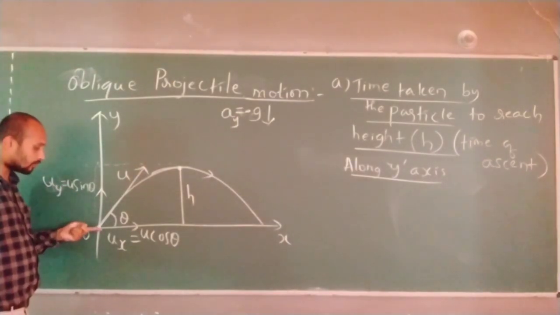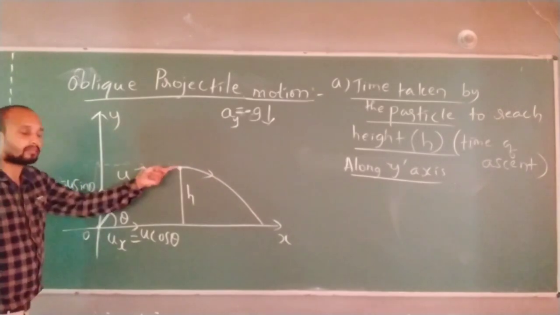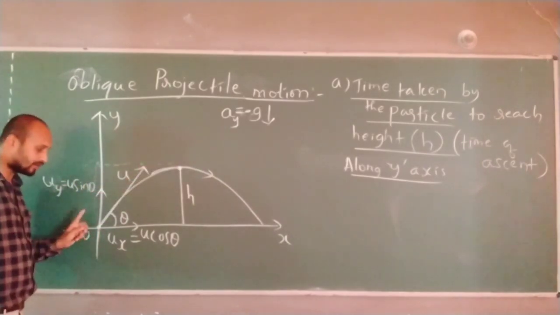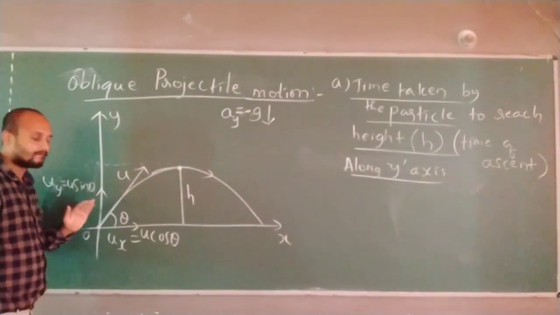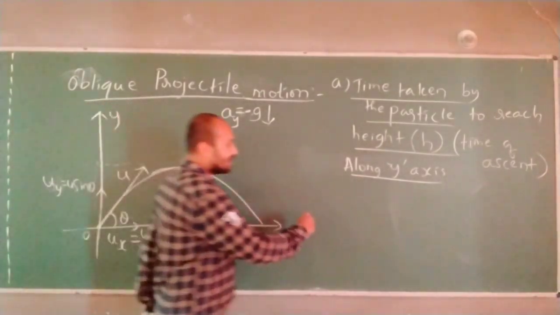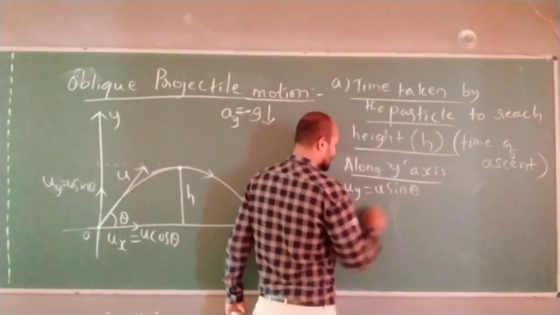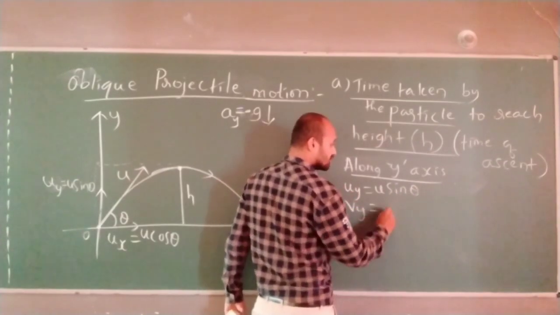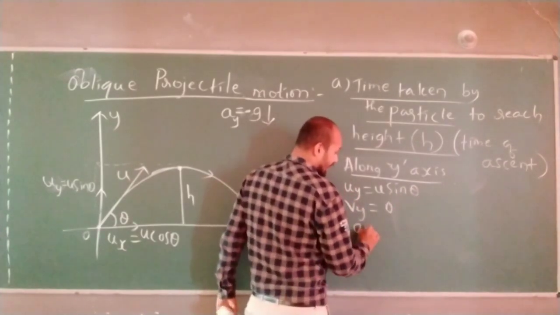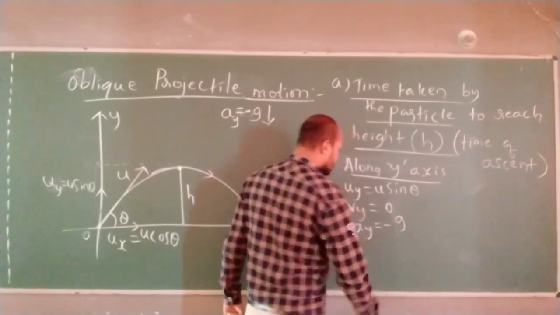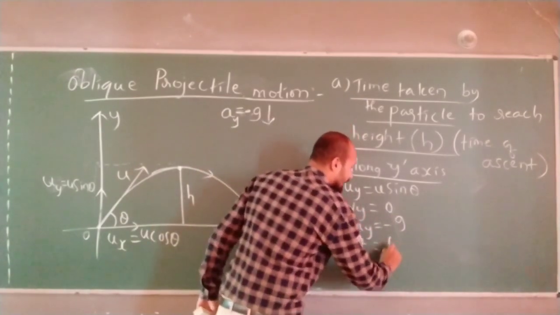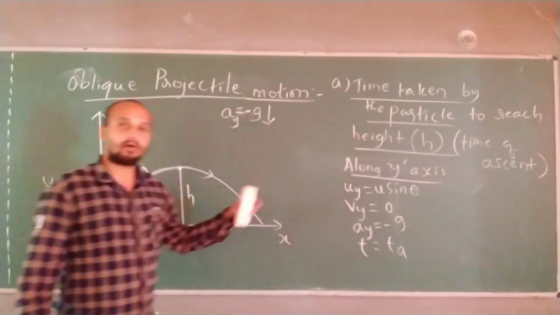Correct? Along the y-axis, initial velocity is u sin theta, final velocity is 0, acceleration ay is minus g, and t will be equal to the time of ascent.